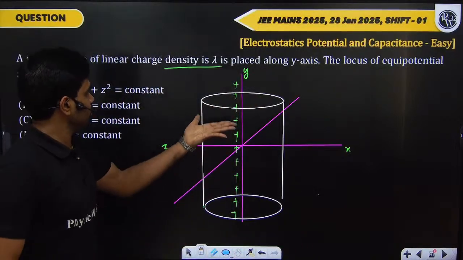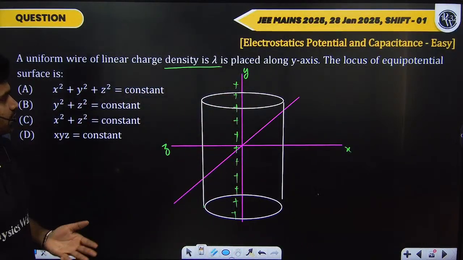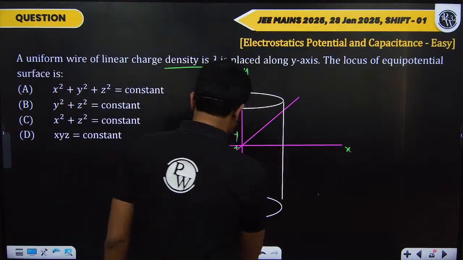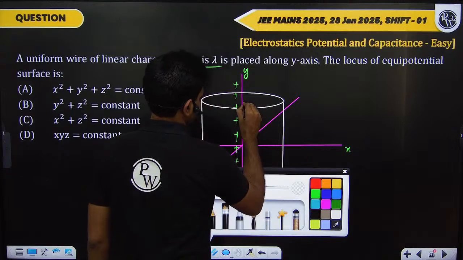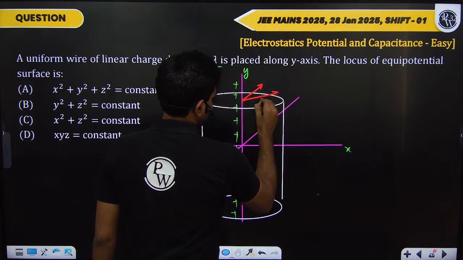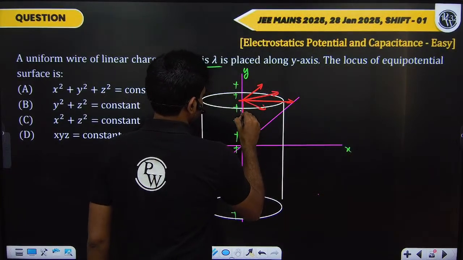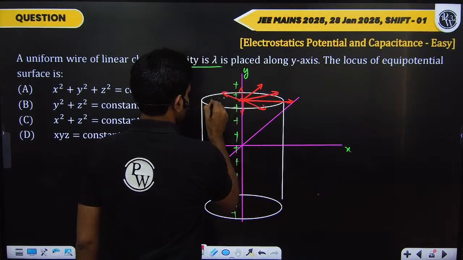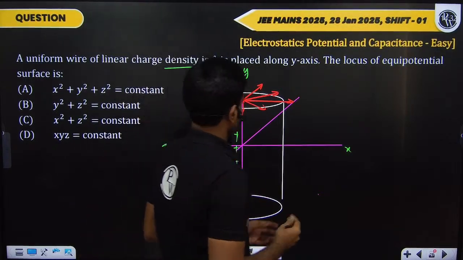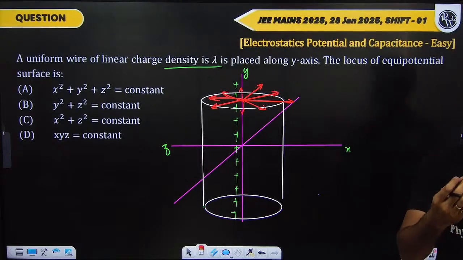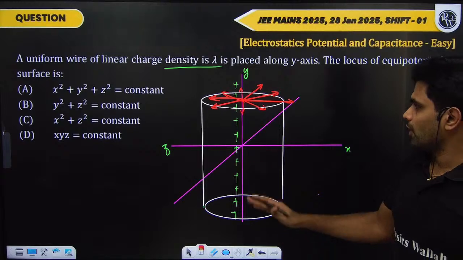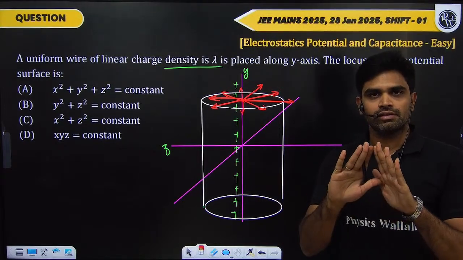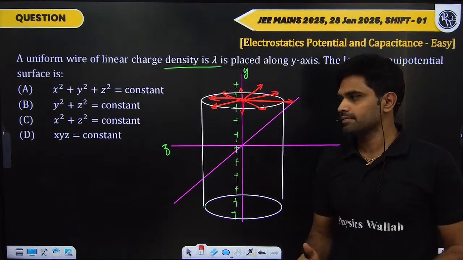They are asking the locus of equipotential surfaces. The electric field is perpendicular to the equipotential surface. The field lines will be radially outward, having cylindrical symmetry. The equipotential surface is perpendicular to the electric field lines.